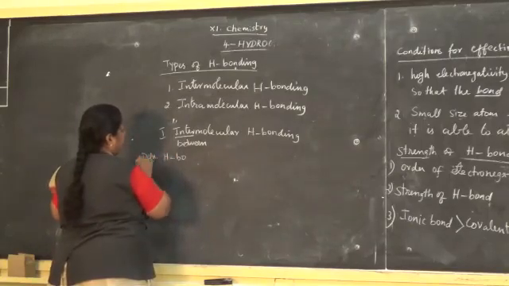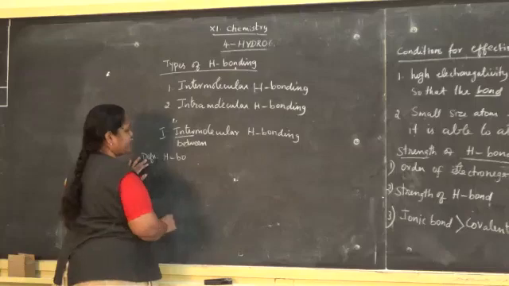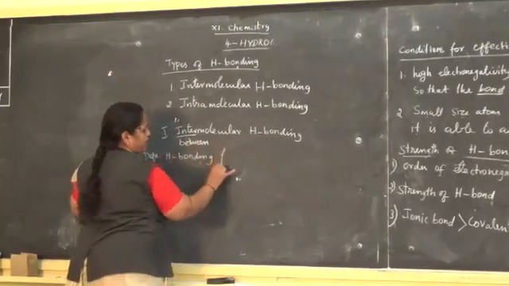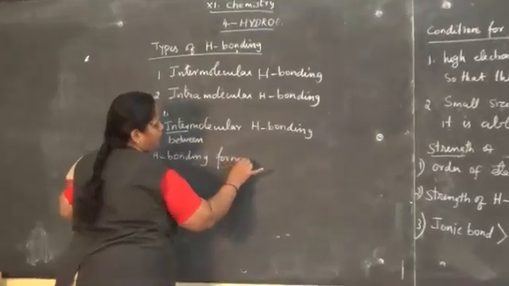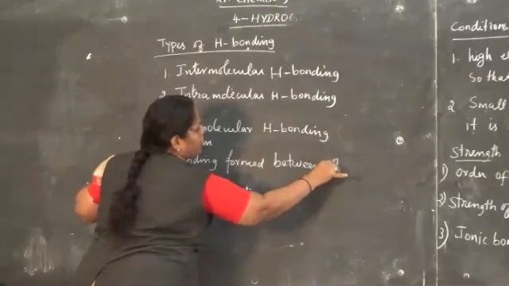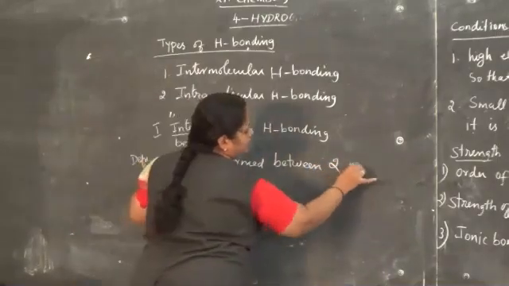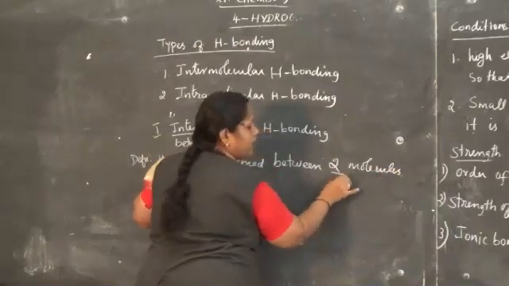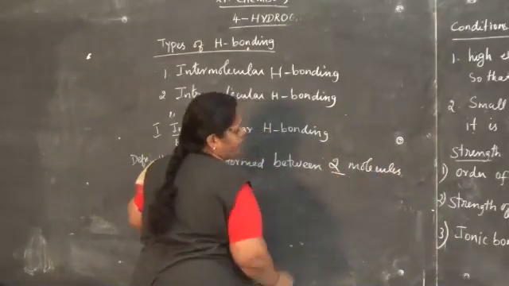What is the definition for intermolecular hydrogen bonding? Hydrogen bonding formed between two molecules. That's all, simple definition. These two molecules are either the same type or different types.